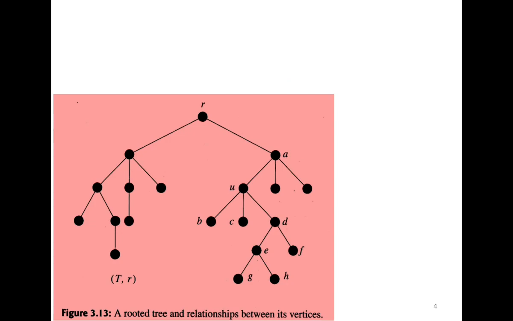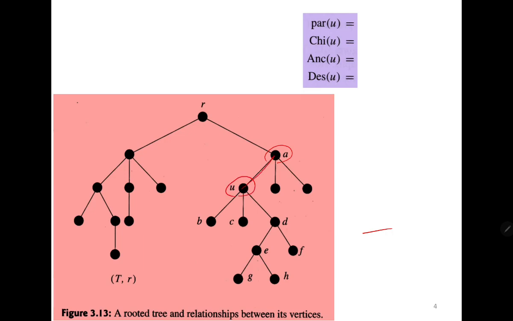So once we have a rooted tree, we can talk of some relations. For example, if I start with U, then the parent of U is A, and the children are B, C, and D. Ancestors, which means parents, grandparents, and so on, are A and R. And descendants, so children, grandchildren, and so on, are B, C, D, E, F, G, H. So this is how we can talk of the different relationships in a rooted tree.